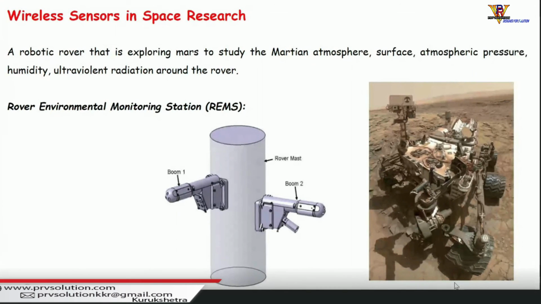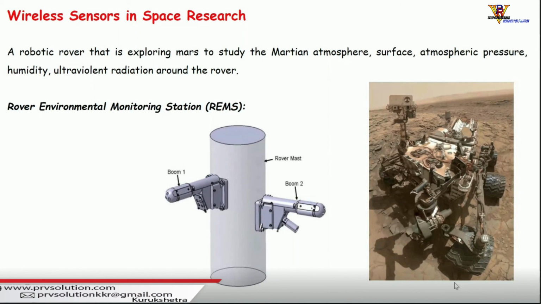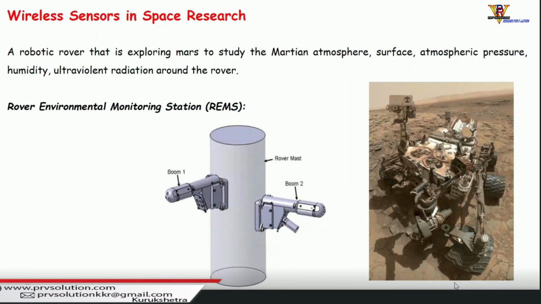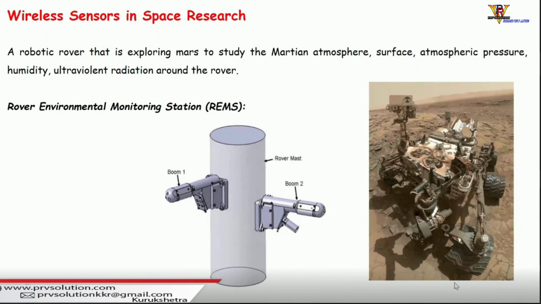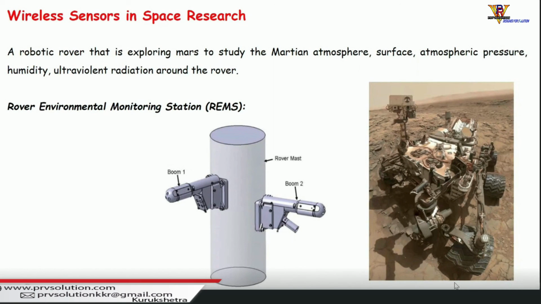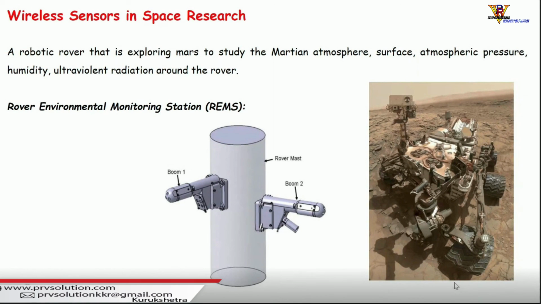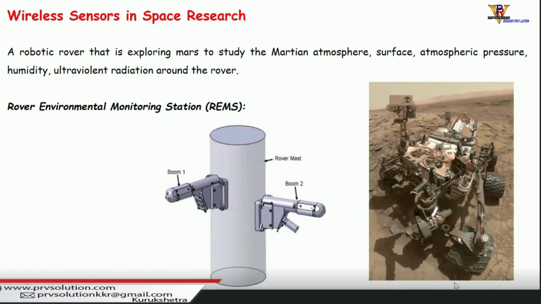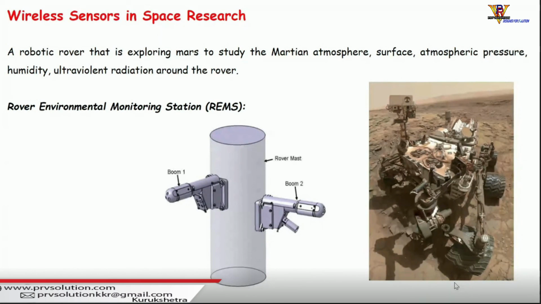By using this type of wireless sensor network, we can do some research in space as well, where we can decide whether there is a possibility of survival of human beings, in a nutshell, in any part of space or not. So with this we can do it. It is again a very interesting field where wireless sensor networks can be used.